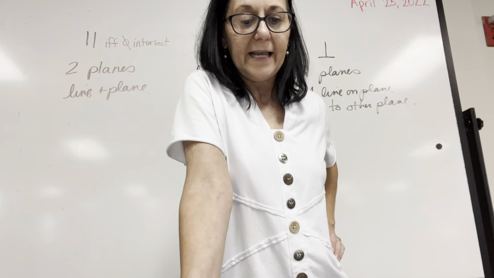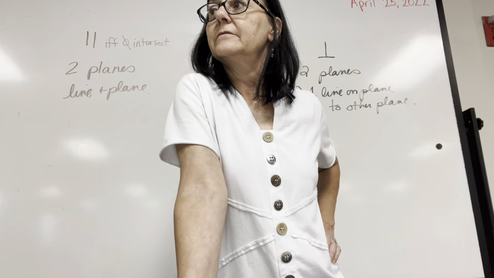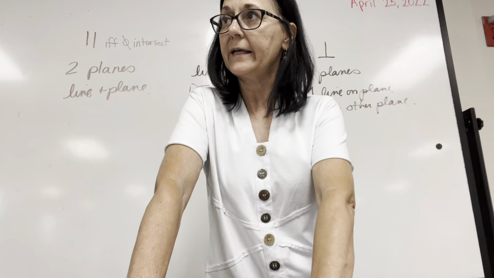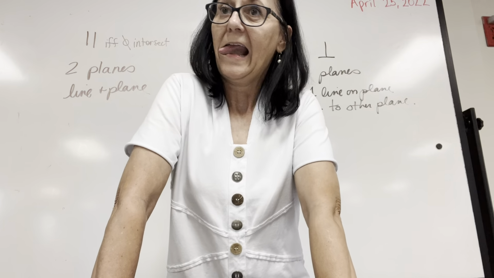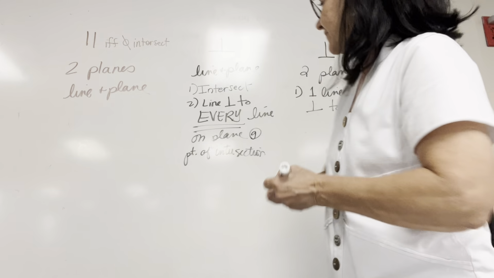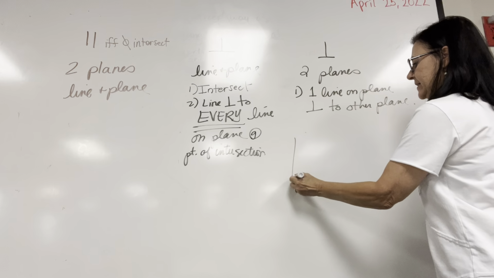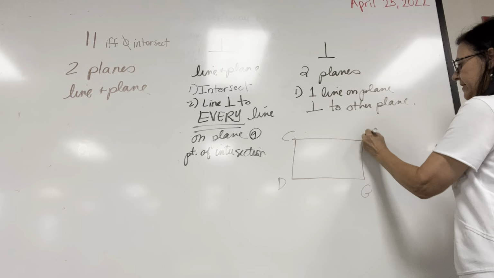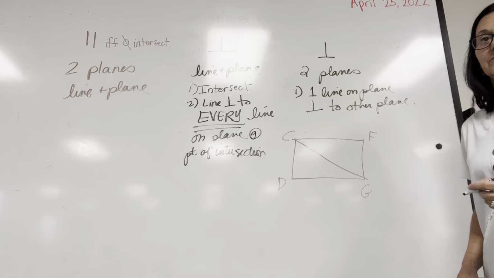What would you call CF to plane CDFG? It's called a diagonal, yes. How could we calculate the length of that? So I have C, D, G, F. And that's CG. It's a diagonal.